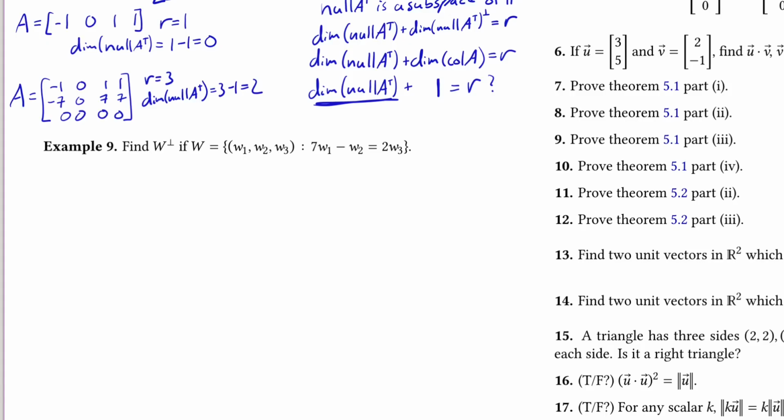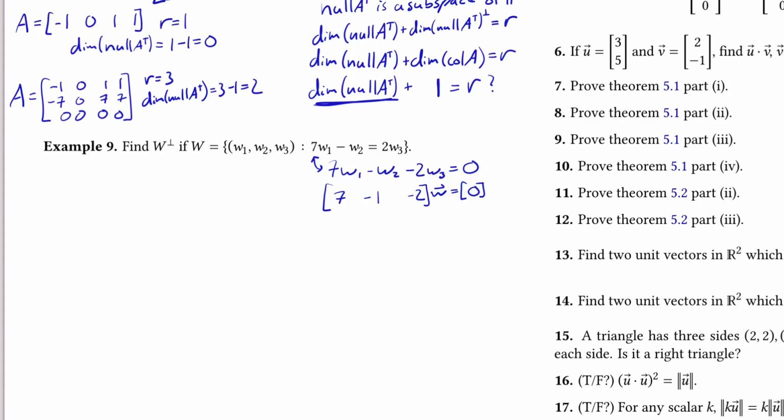Now, the trick is we can write this as the null space of something because this equation is the same as saying 7w1 minus w2 minus 2w3 equals 0. Or in other words, the matrix with just one row, 7, negative 1, negative 2, multiplied by a w vector is the number 0.